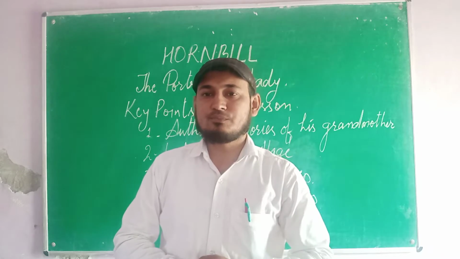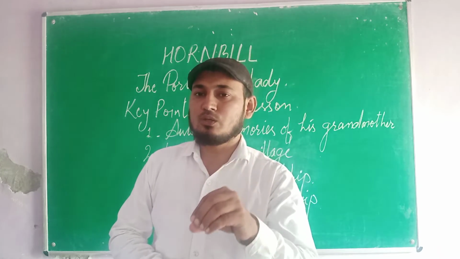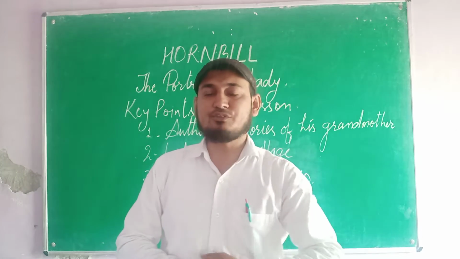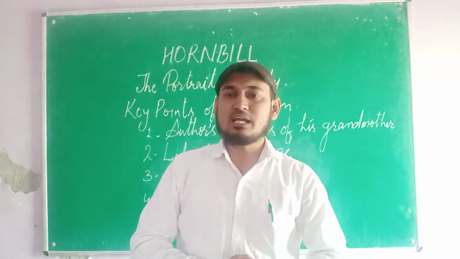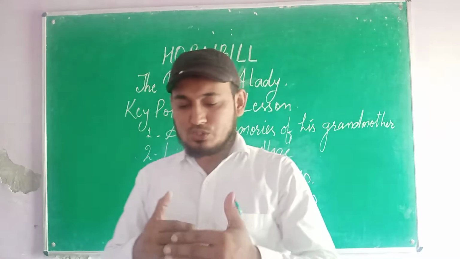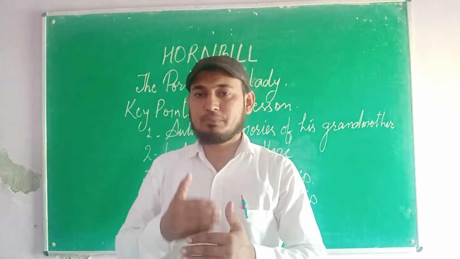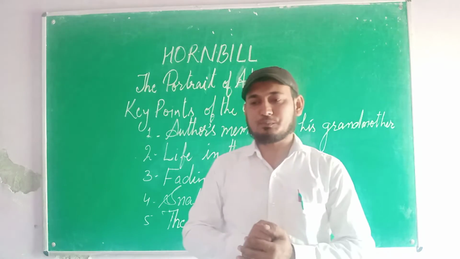All the time, his grandmother looked after him. She made him ready for school. She prepared his bag, his breakfast, all the things. So a close relation between these 2 persons has been created and has been shown here by the writer.